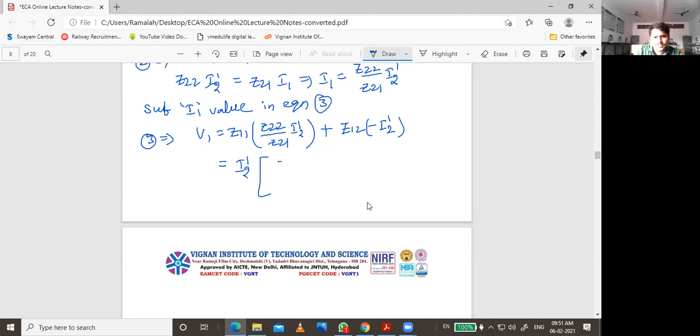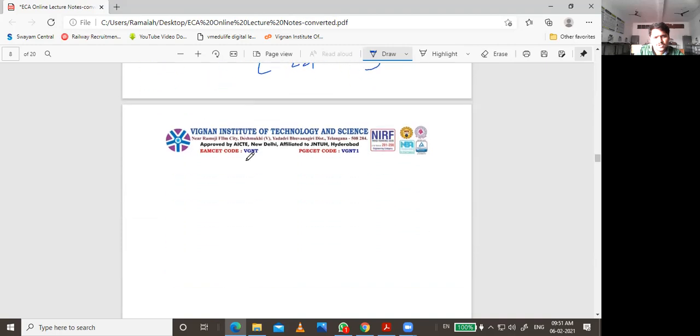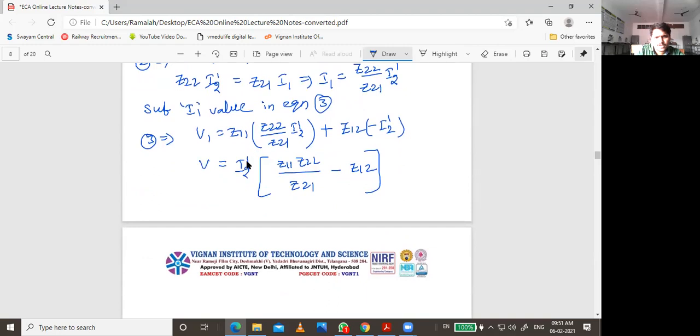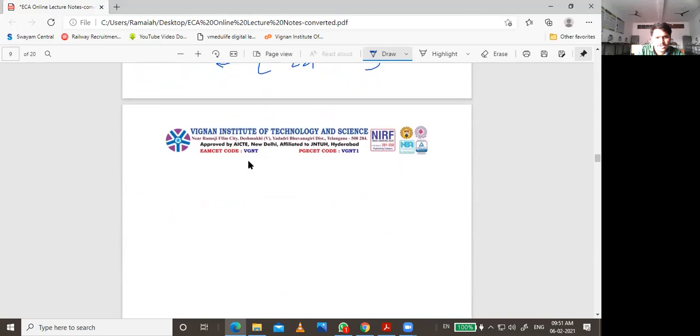So what is the value? Z11 Z22 by Z21 minus Z12. Now I want V1 by I2 dash. So therefore you bring this I2 dash to the LHS side. Therefore you will get what?